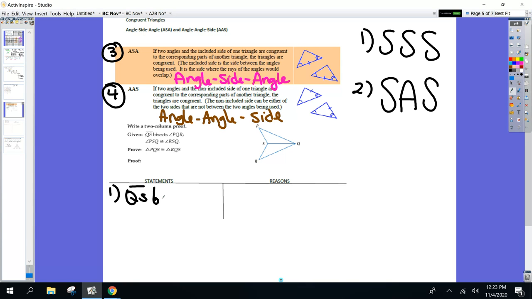QS bisects angle PQR, angle PSQ congruent to RSQ.